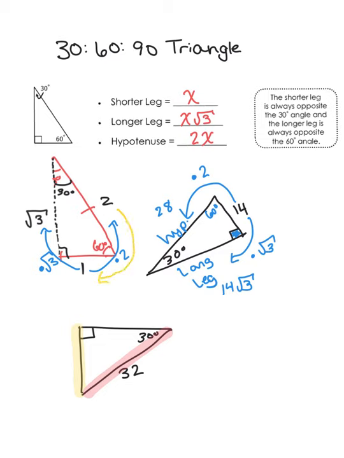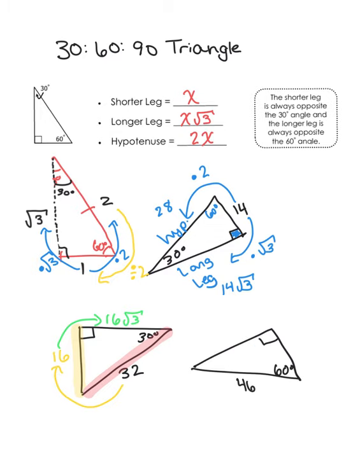What's the opposite of multiplication? Division. So I'm going to divide by 2. So 32 divided by 2 is 16. And now that I know the short leg, I can simply multiply to go from the short leg to the long leg. So 16 times the square root of 3 is just 16 square roots of 3.